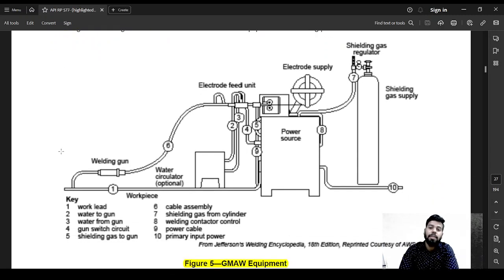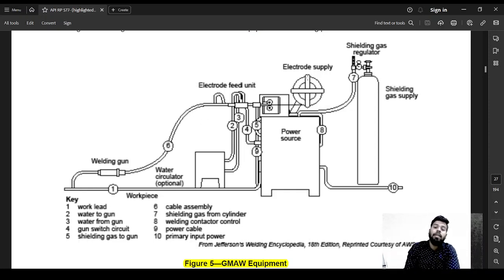In this case, this is going to be your wire reel. This wire is going to come through this welding gun and it is going to deposit here. The same tube is also going to provide the shielding gas. So it is going to create an environment around here where your weldment is going to be protected from the environmental conditions and your filler metal is going to get filled.